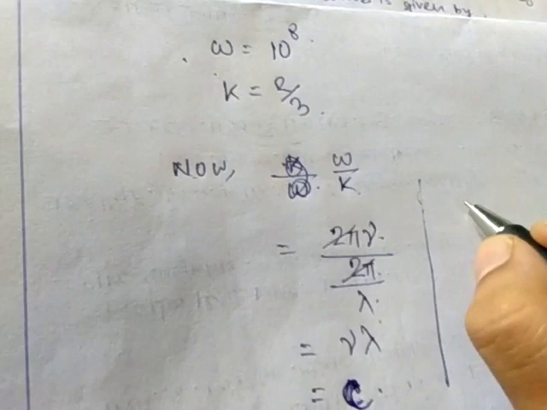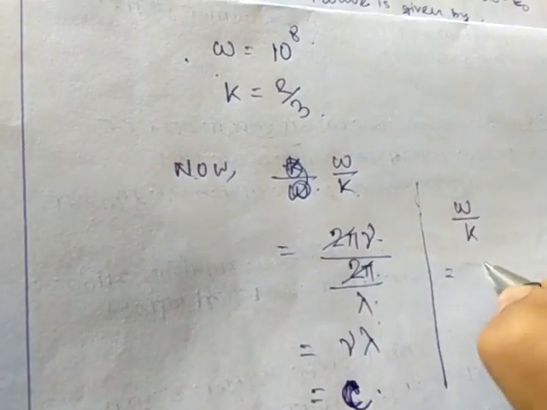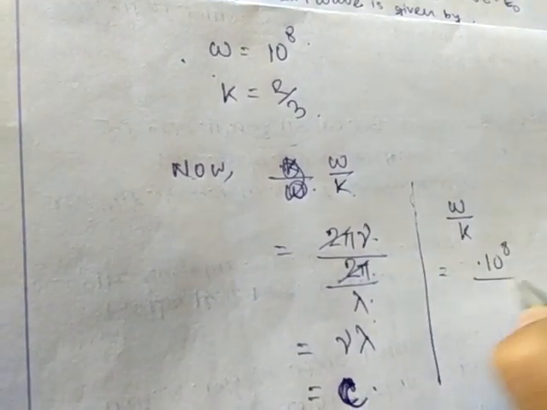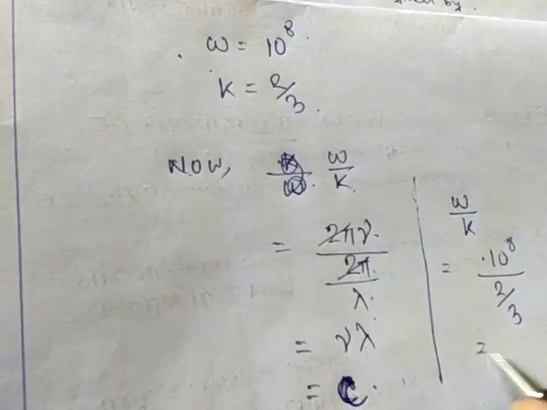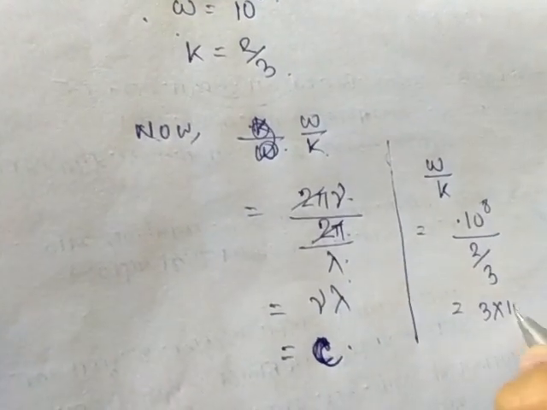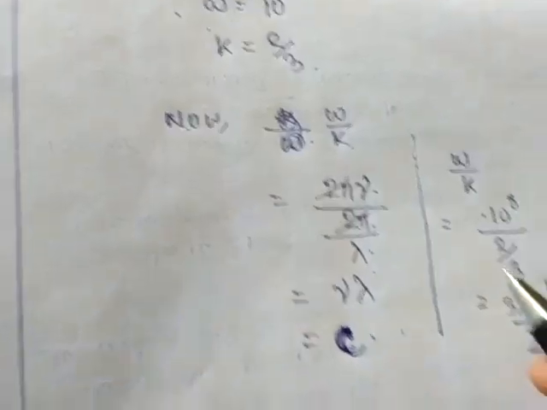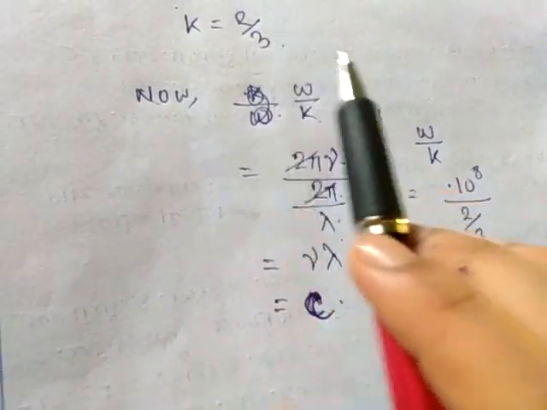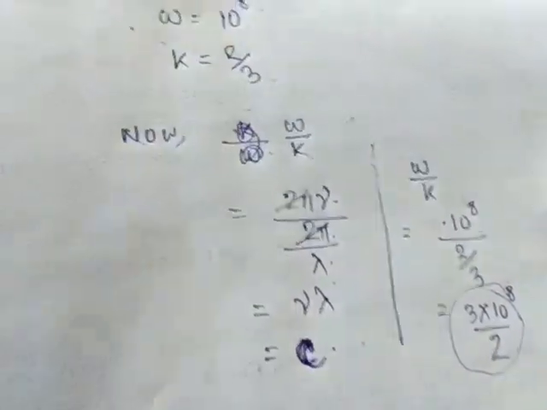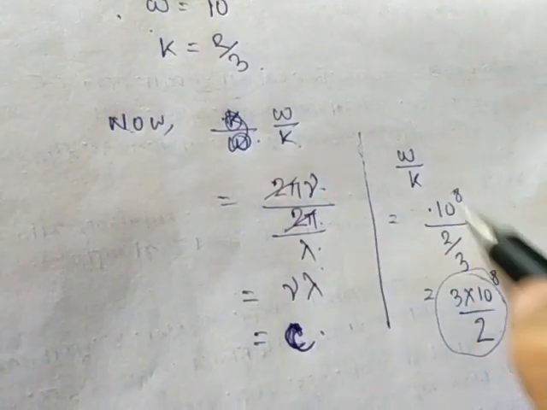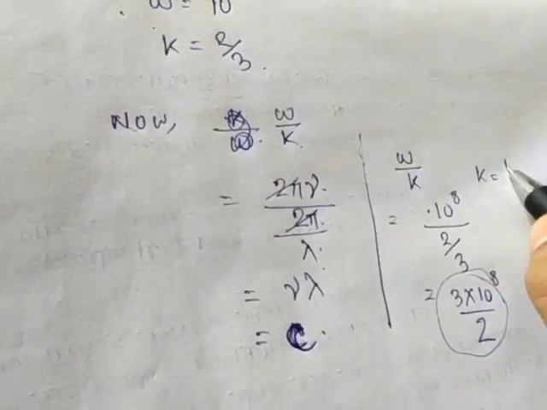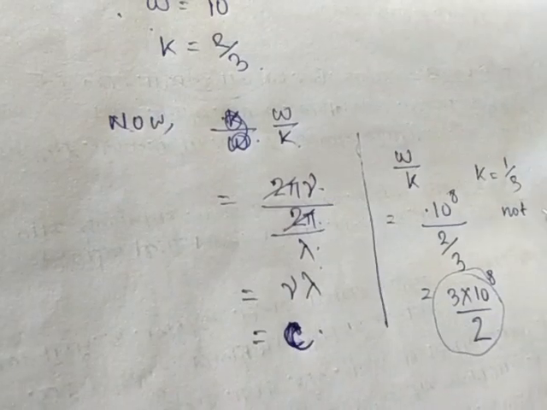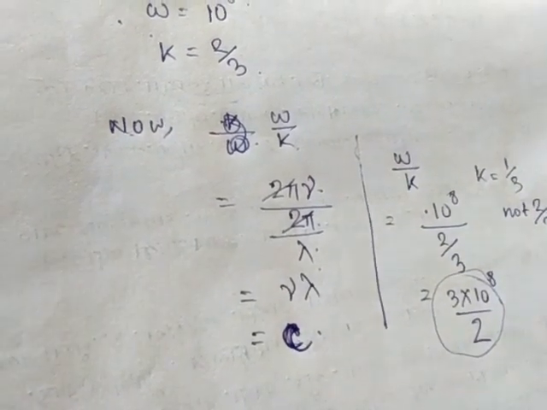Omega by k equals 10 to the power 8 by 2 by 3, so it becomes 3 into 10 to the power 8 by 2, but it can't be the velocity of an electromagnetic wave. So there is a minor error in the question. The k will be 1 by 3, not 2 by 3.